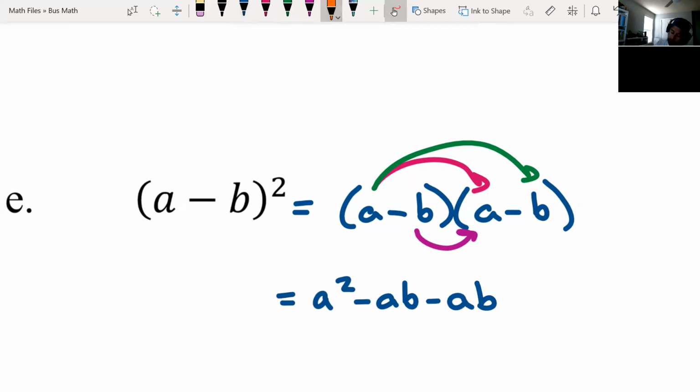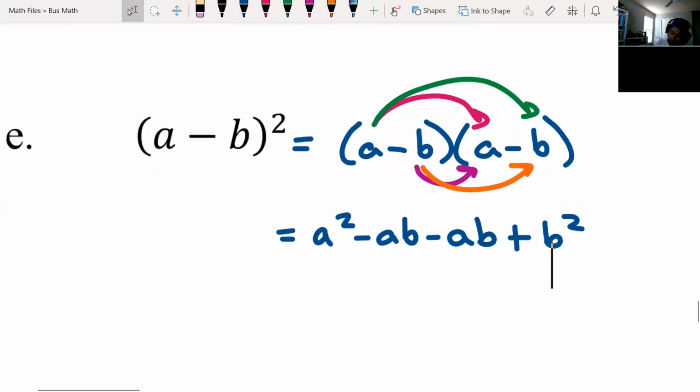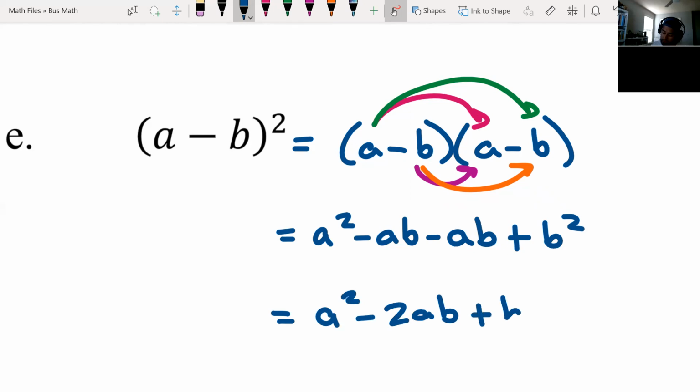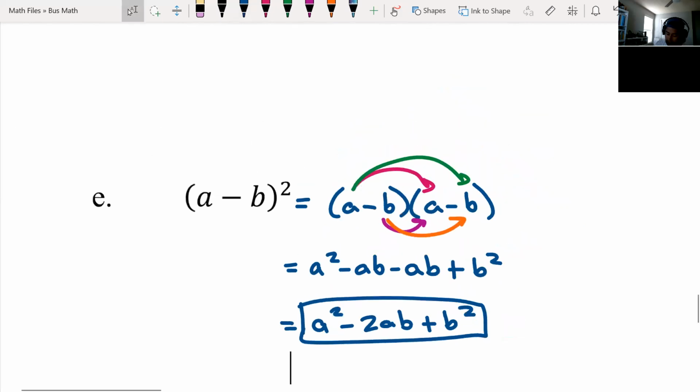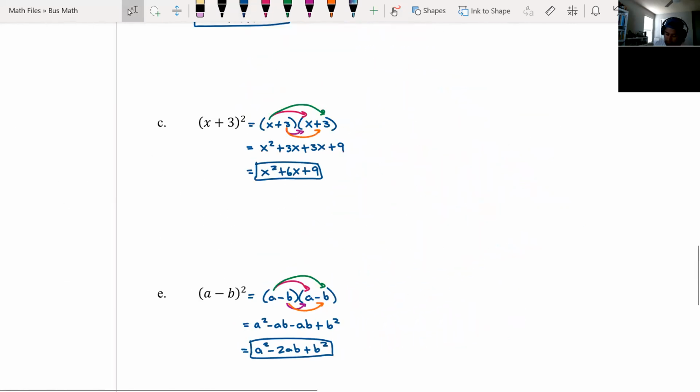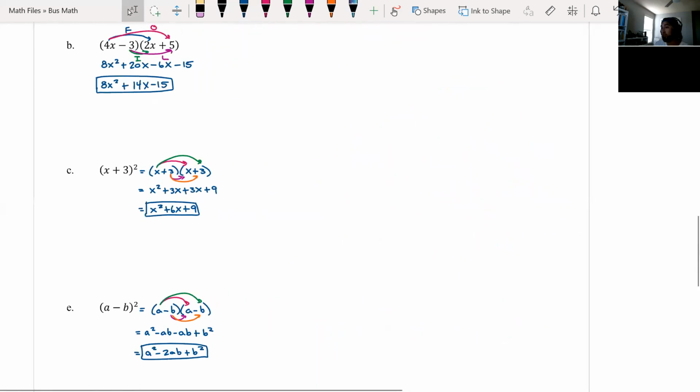And then last, negative b times negative b gives me positive b squared. Okay. Combine like terms, and we'll get a squared minus 2ab plus b squared. All right. Cool. Everybody good on these so far?